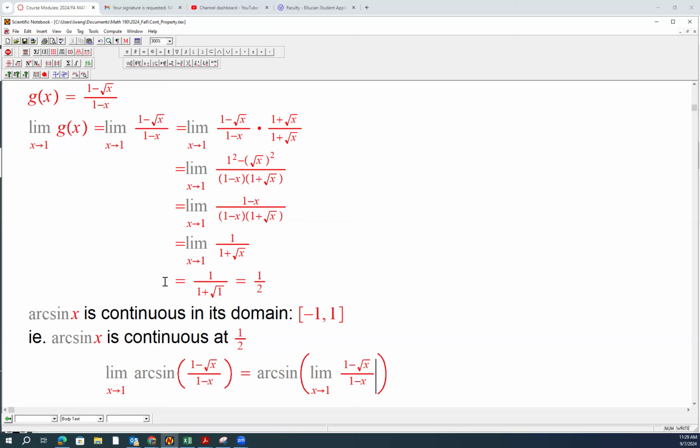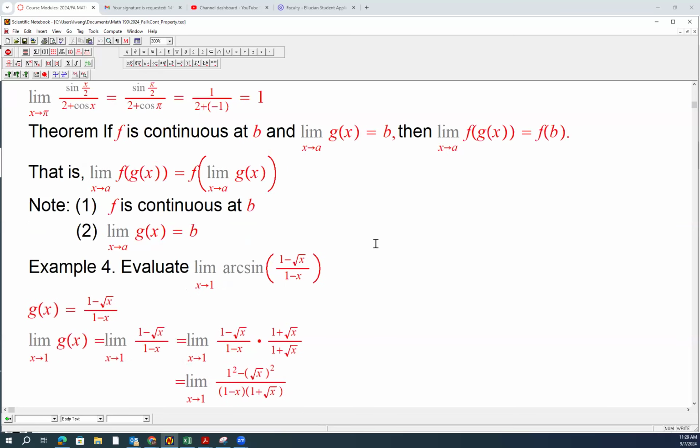We have demonstrated the limit as x approaches 1 of g equals 1/2. So this limit is going to be replaced by 1/2, and arcsine 1/2 equals pi/6.